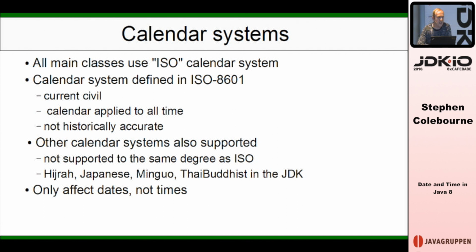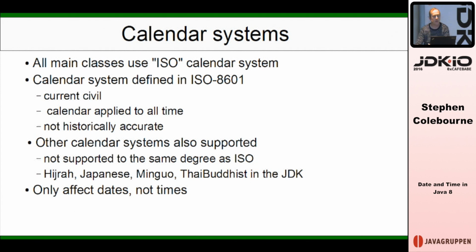So yeah, by using the ISO calendar system for all time, we are not being historically accurate. But that's fine, because actually, when you're dealing with history, you generally need to be very aware of that historic change anyway. In other words, it's good to be up in your face as to what that actual date represents.